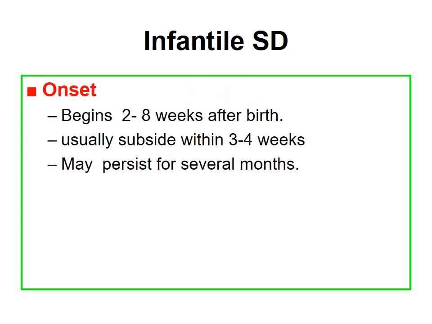Here we are going to deal with the exception of onset of seborrheic dermatitis. As I mentioned, usually seborrheic dermatitis occurs in adolescence, but there is an exception. Infantile seborrheic dermatitis begins at 2 to 8 weeks after birth and usually subsides within 3 to 4 weeks, so within 1 month it usually subsides, though it may persist for several months.